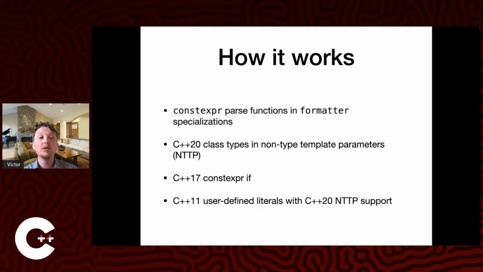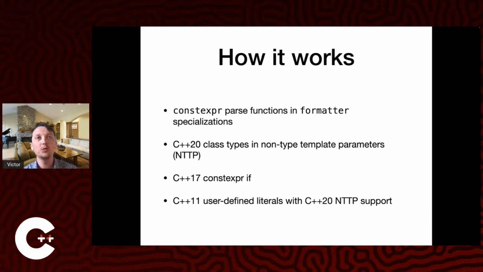And here are the building blocks for format string compilation. Obviously, we need constexpr parse function in formatter specialization. We already saw them. The second is C++20 class types as non-type template parameters, which is quite a mouthful. It's shown as NTTP. Then we need C++17 feature constexpr if.